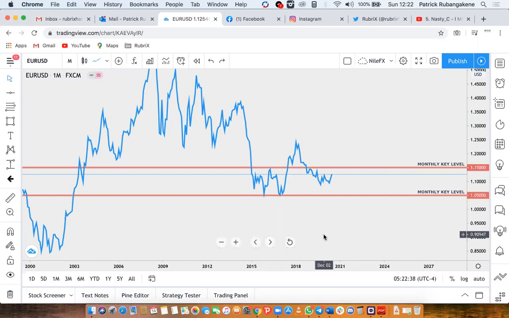Now, once you have 2 accurate levels, we are going to use these 2 levels to what? Number 6. Once we have the 2 levels, we shall use the 2 key levels to generate for us the next monthly levels, the rest of the other key levels.